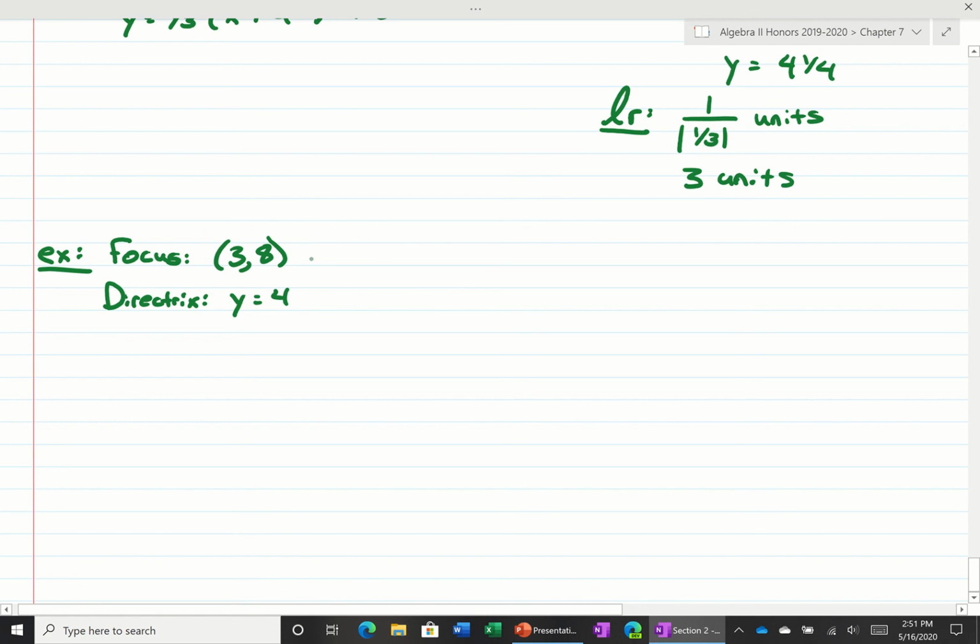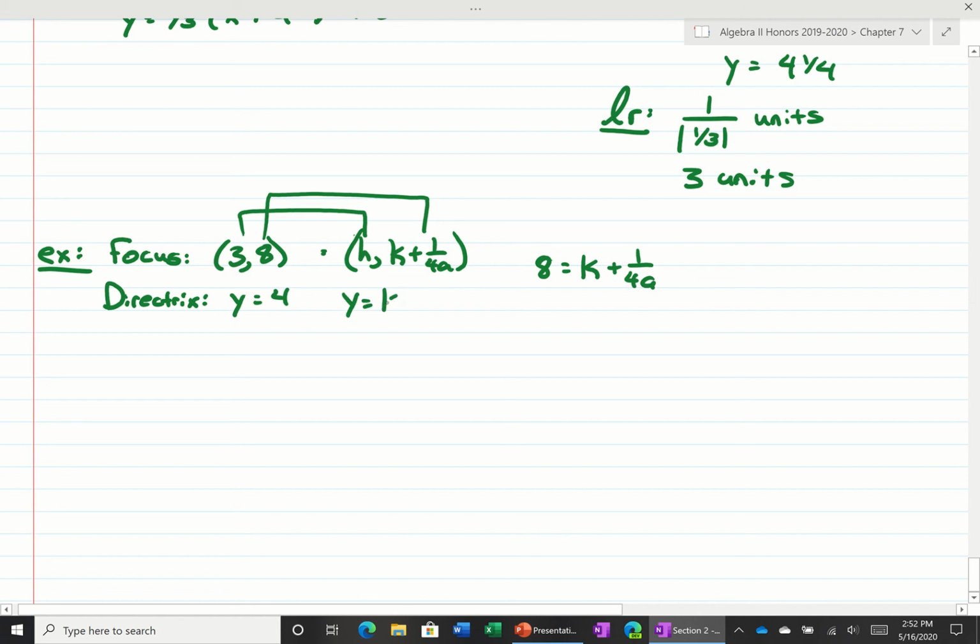Well, we know that the focus, the formula for that would be h comma k plus 1 over 4a. So we know h is 3, and 8 is k plus 1 over 4a. We also know the equation of the directrix is y is equal to k minus 1 over 4a.